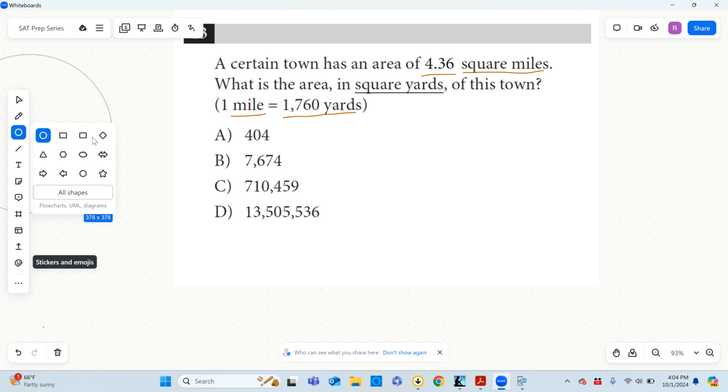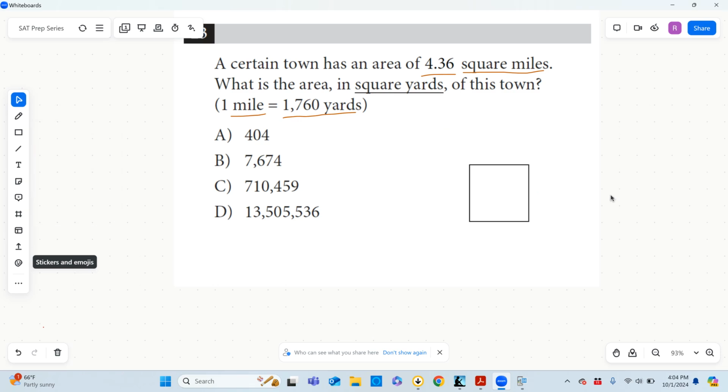So let's draw a square. That is a rectangle. Let's see if we can make it a square. That's pretty darn close. There's a square. Okay.